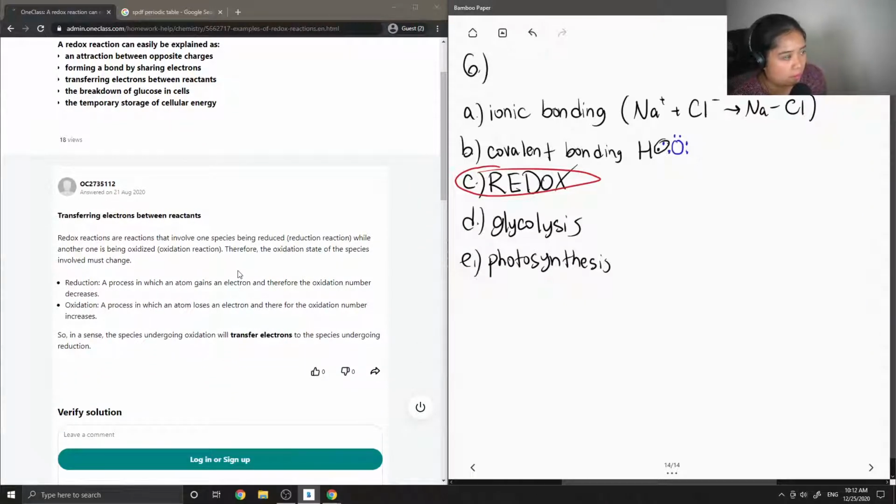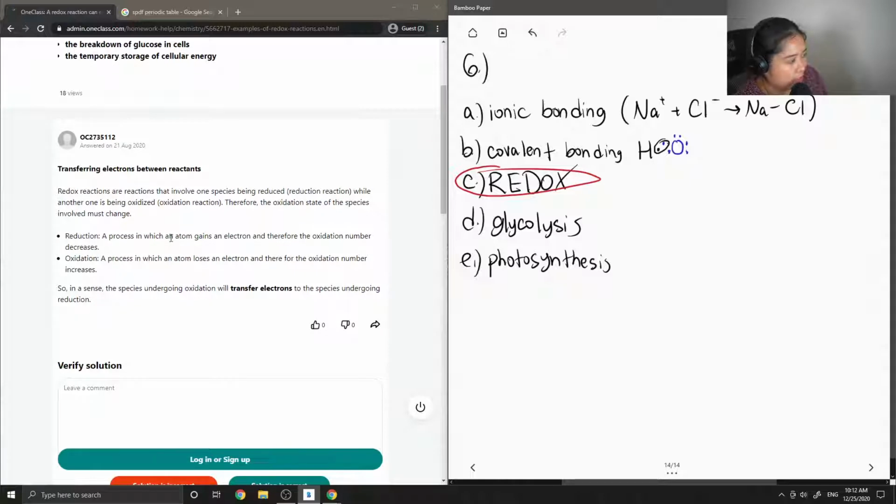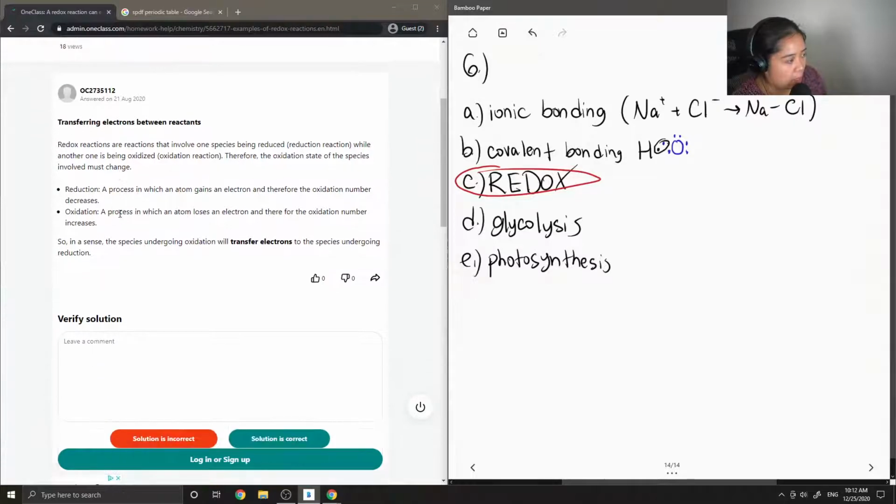Okay, so Junior Tutor said transferring electrons between reactants. So this is a redox reaction. The redox reactions are reactions that involve one species being reduced while another one is being oxidized. Therefore, the oxidation state of the species involved must change.